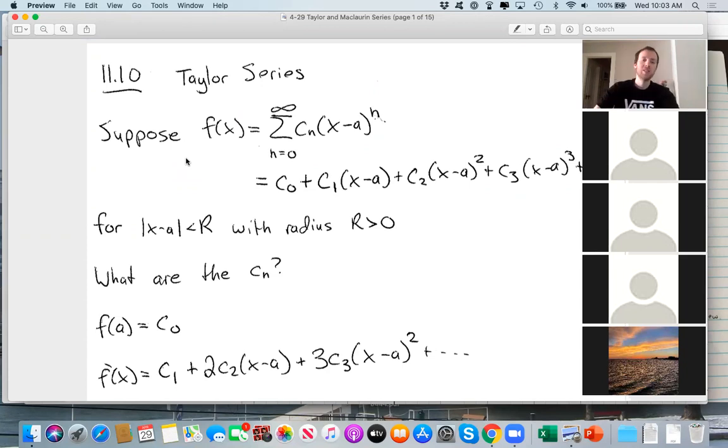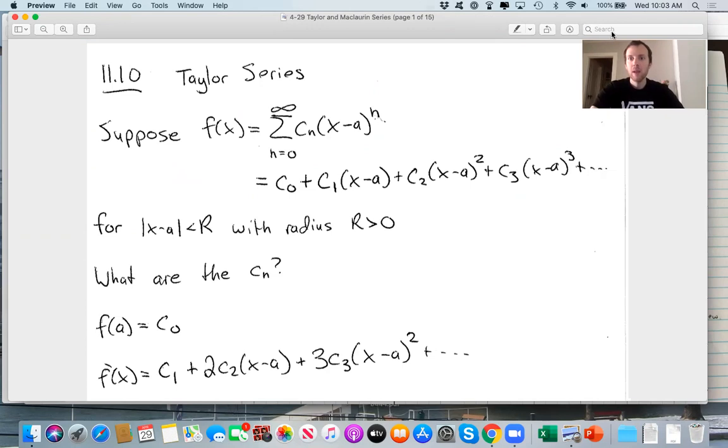But what we'd like to see is a more systematic way. So if I just give you some function, how can you find a series for it? And is there a way where we can actually figure out what the coefficients are?